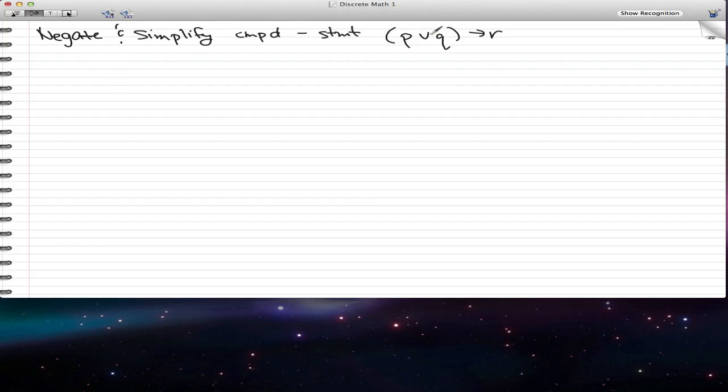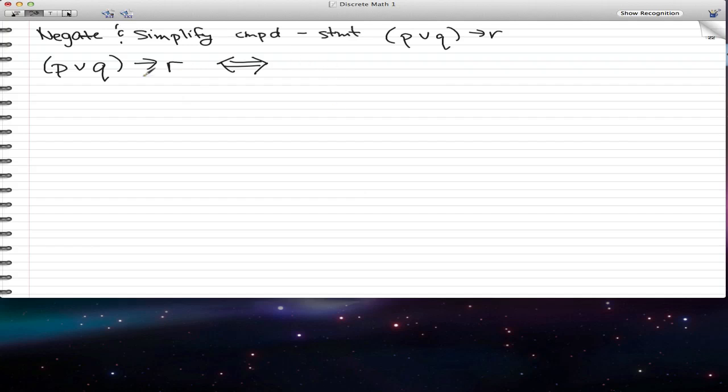So here is how this goes. We have P or Q implies R. So let's just write that down first. So we want to simplify this. Now, when we simplify this, we're really asking for this compound statement to be logically equivalent to some other statement that we'll find out in the end.